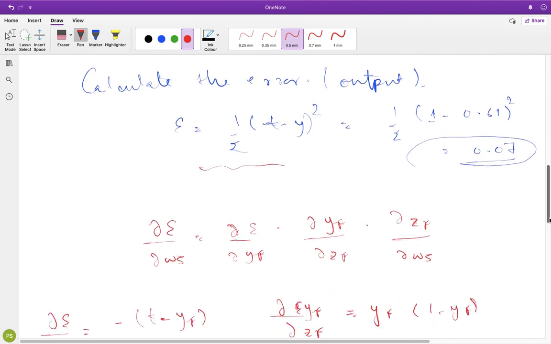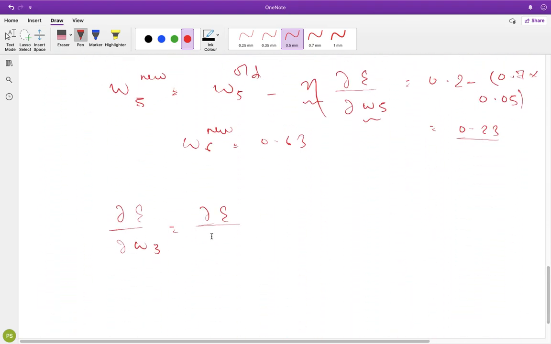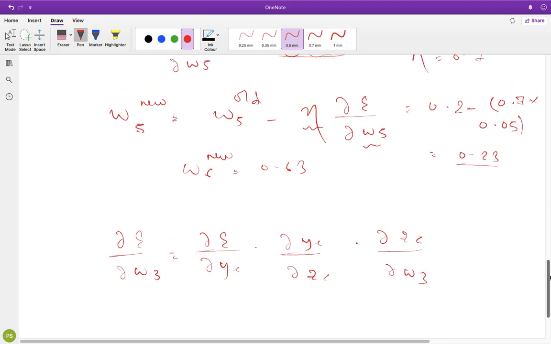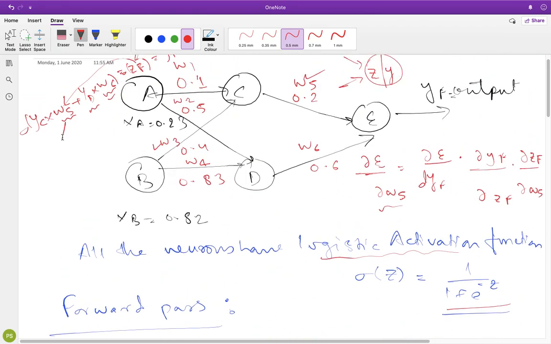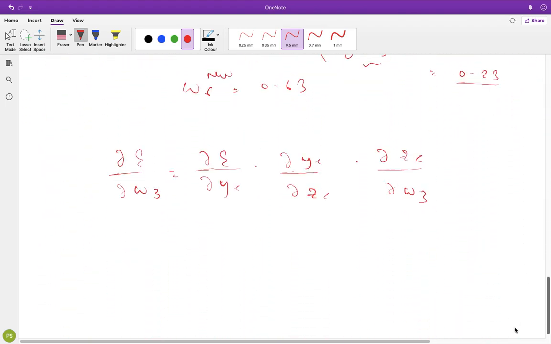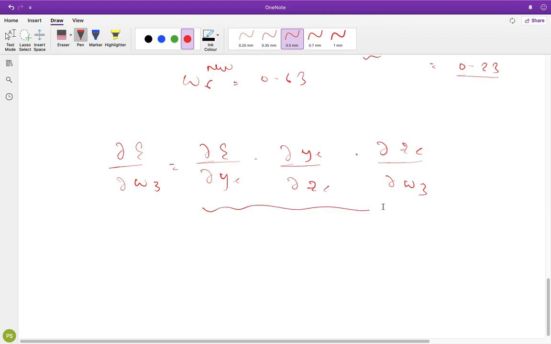So in this chain of derivatives we have dE by dyc, dyc by dzc into dzc divided by dW3. This is the chain derivative rule for W3.